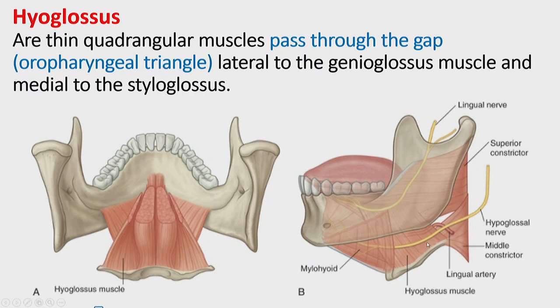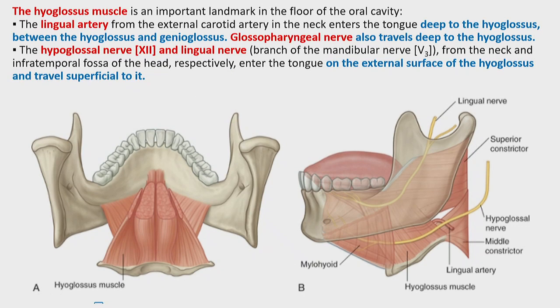So here is the pathway of the hyoglossus muscle, and as you see, compared to the genioglossus, it's located laterally, but the styloglossus that we are going to discuss is medial to that. The hyoglossus is a very important landmark, because here is a very important artery in the lingual and sublingual region, which is called the lingual artery, and according to its name, it's clear that it's the main blood supply of the tongue.